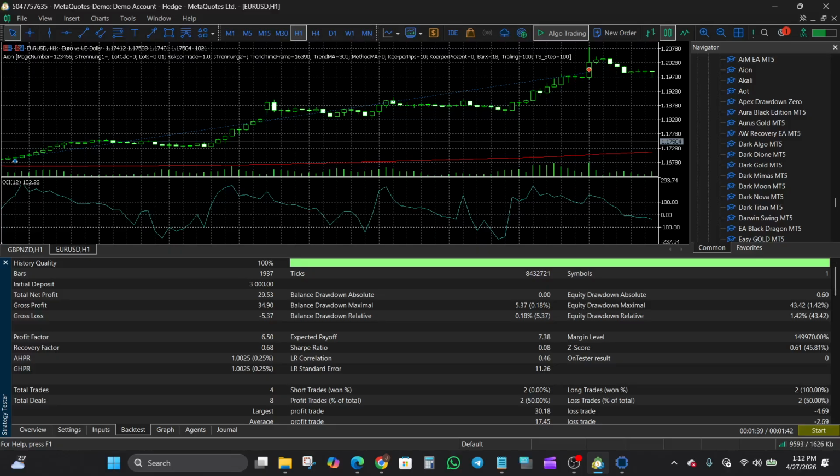In trending conditions, the EA performs noticeably better because the engulfing plus moving average combination has more structure to work with, but in ranging conditions, drawdowns and false signals can increase. Also, it's important to mention that results can vary significantly depending on broker execution, spread conditions, lot sizing, and optimization quality. So this is not something you just install and expect identical results across all accounts.